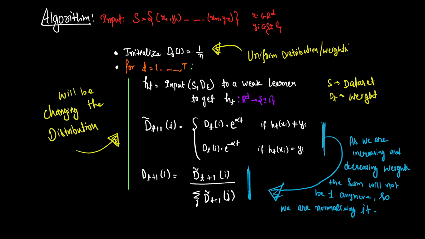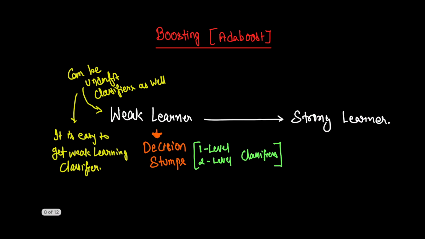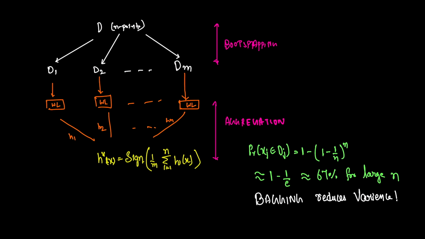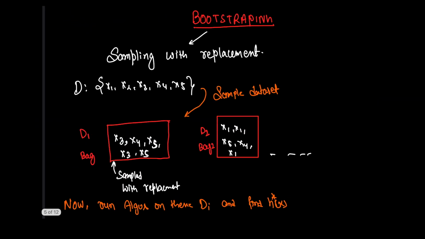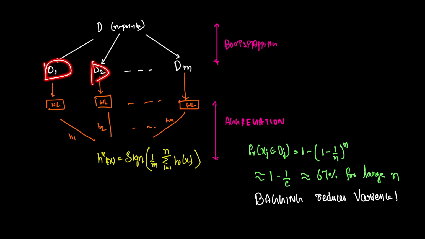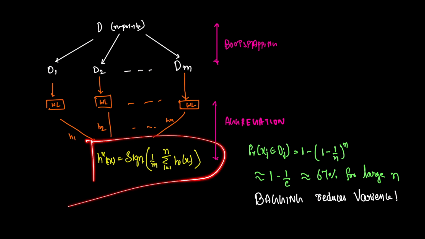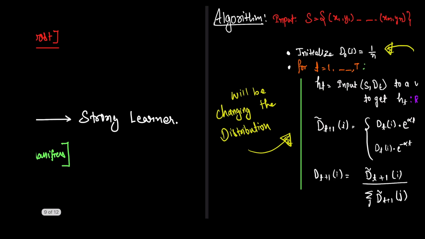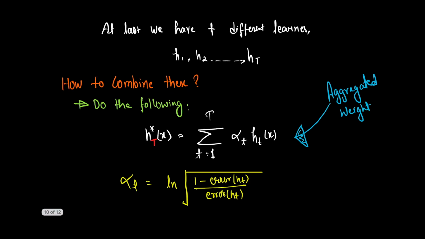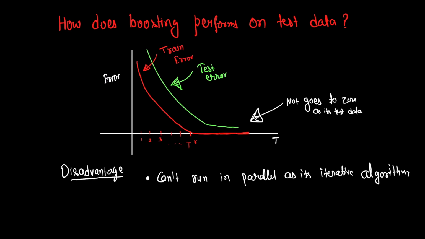As this is iterative, we have to wait for the previous result before going to the next. While in bagging, we had m datasets, and we can perform these operations in parallel, and then there is one last step, aggregation. But here we can't do that. So this is the disadvantage of boosting.